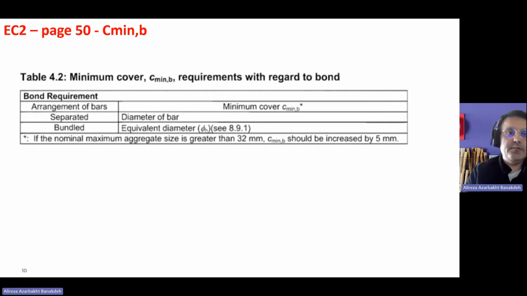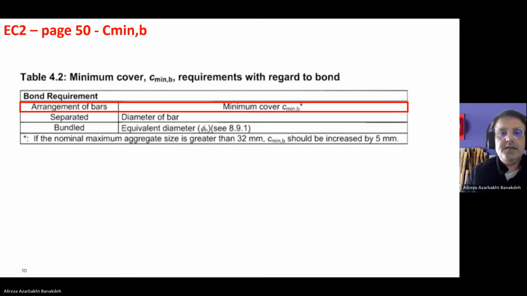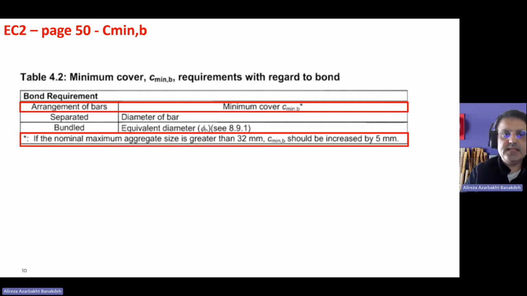And it's a very simple table. It says that if you're going to find your minimum cover C min,b, there are just two cases, separated or bundled. Bundled means you're making a group of rebars to put in your section, which is not your case.